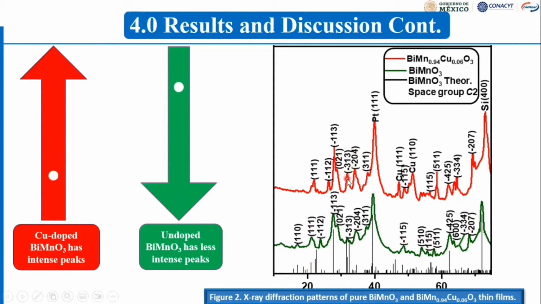In our calculation of the crystallite size, we saw that for the copper-doped bismuth manganese oxide, the crystallinity decreases compared to that of the pure bismuth manganese oxide. The copper doping may act as an impurity at higher doping concentration, because the existence of impurities decreases the lattice parameters and decreases the crystallinity, thereby causing a decrease in crystallite size like we got for the copper-doped bismuth manganese oxide.